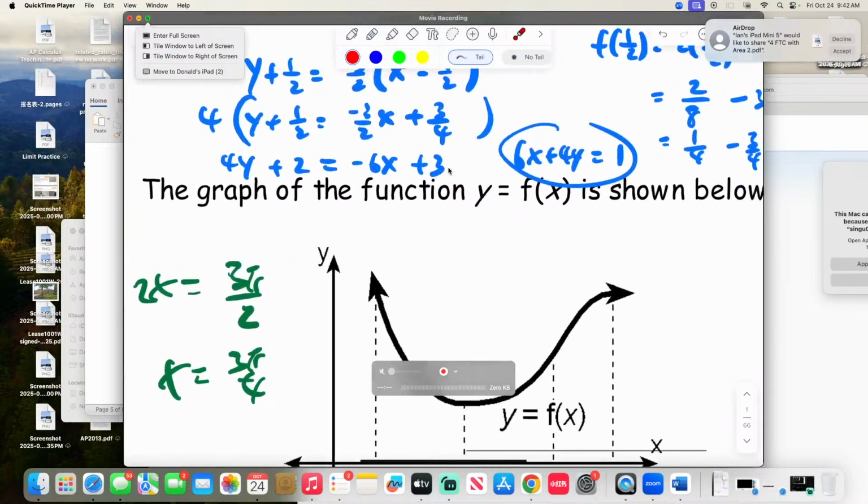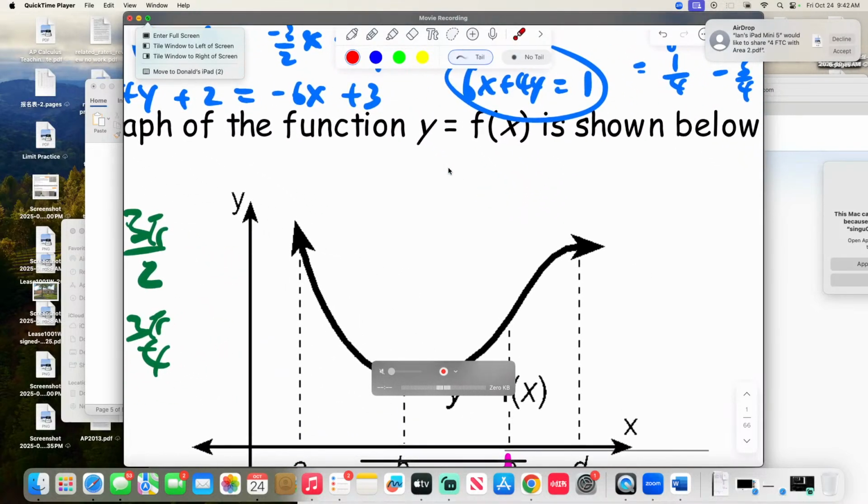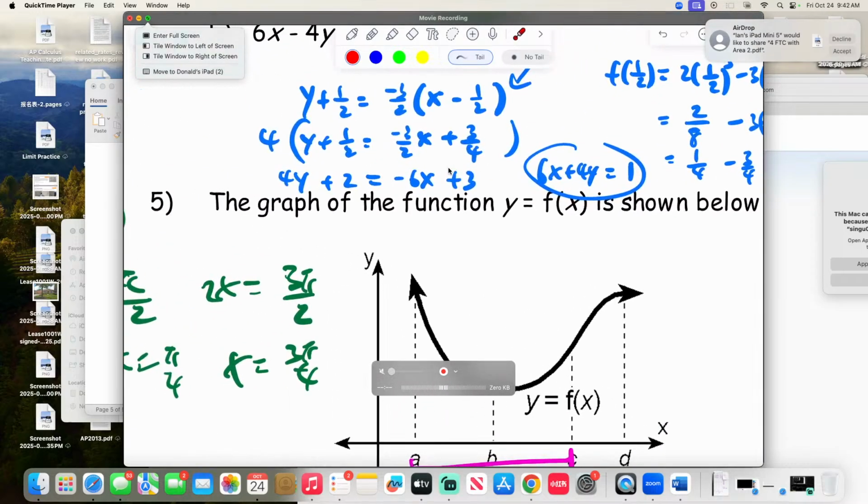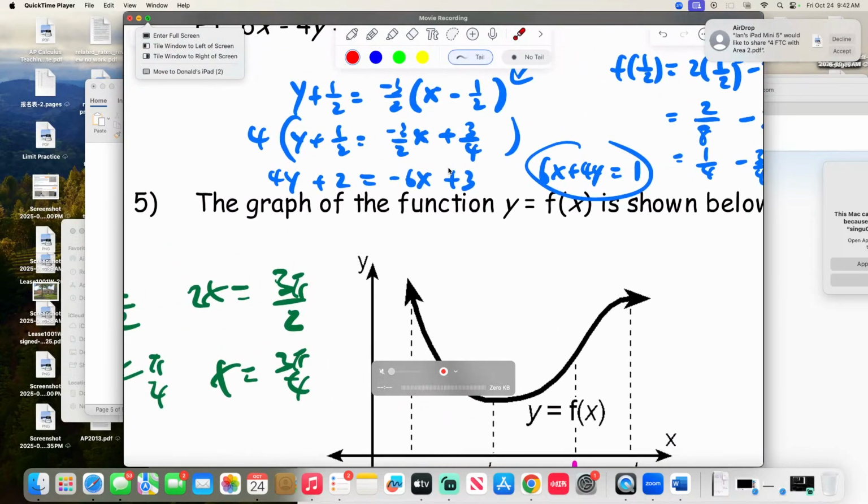Oh, I like this one. Okay, we want to find out where it is decreasing, increasing, concave up. This is question 5.